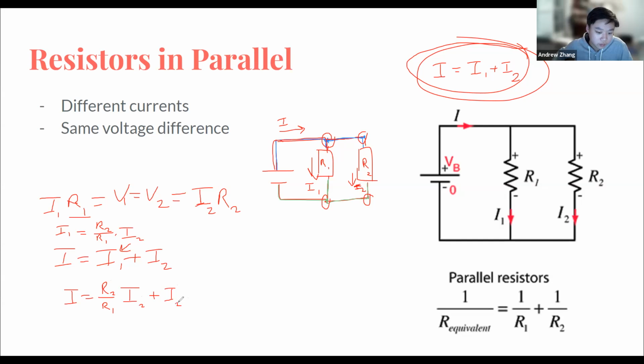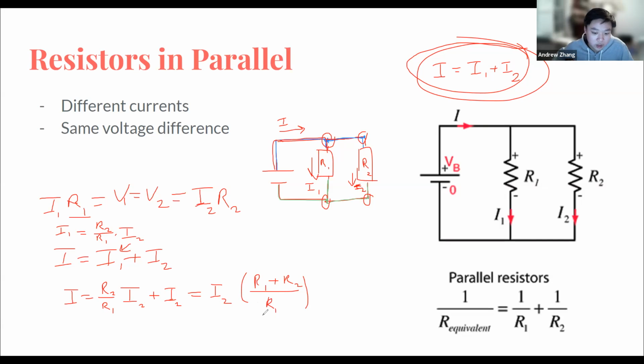And what does that give us? Well, we can combine these two fractions to get I2 times 1 plus R2 over R1. And if we distribute that, we would get R1 plus R2, just through some algebra.